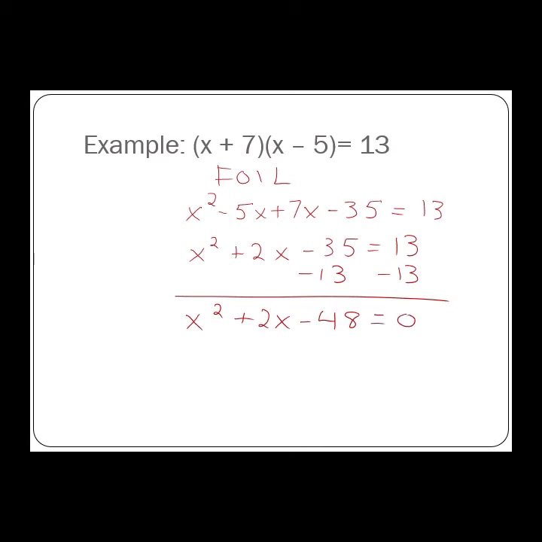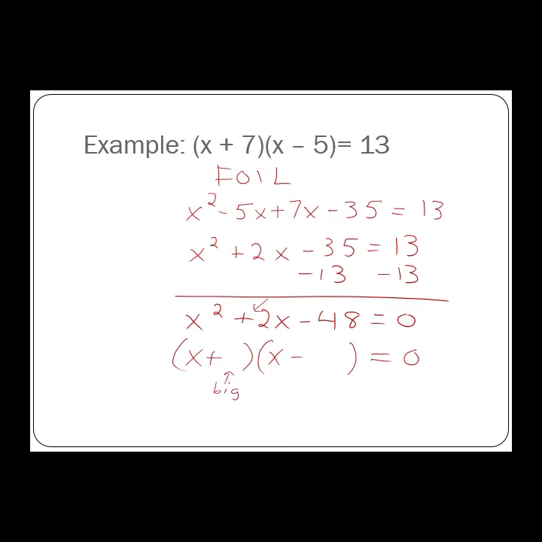So again, don't factor until you have that 0, because 0 is the only thing that has the property we're looking for. So in this case, we have a -48, so we're going to have one positive and one negative factor. And this is going to be our bigger number because that 2 is positive.